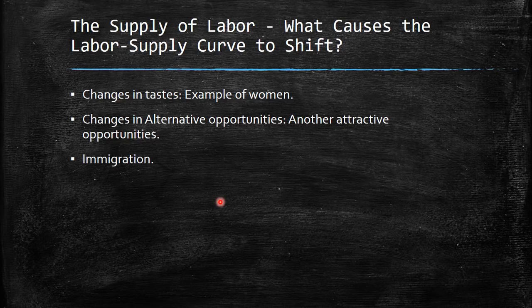Then we have another important fact that we discussed, which is immigration. Naturally, this will change the supply curve as well. When it increases, it will go to the right, and if it decreases, it goes to the left.